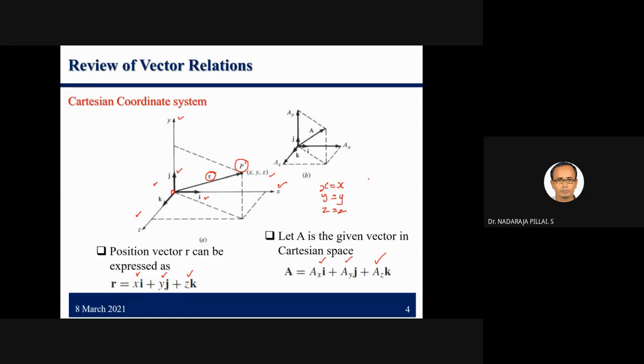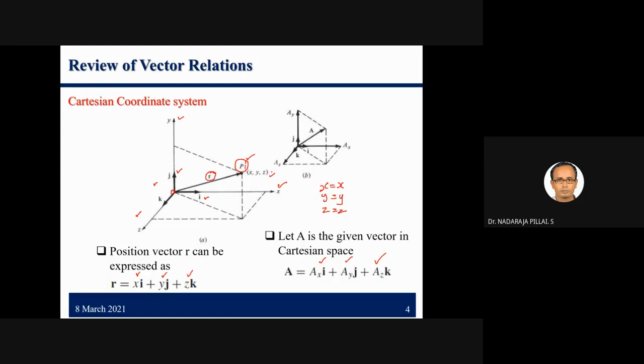So we start with the Cartesian coordinate system. It is not that something is different: P is a point in space, and this P can be represented in any one of the coordinate systems.